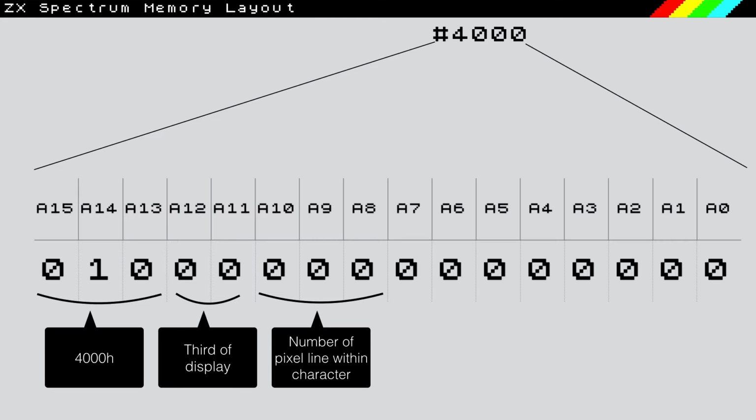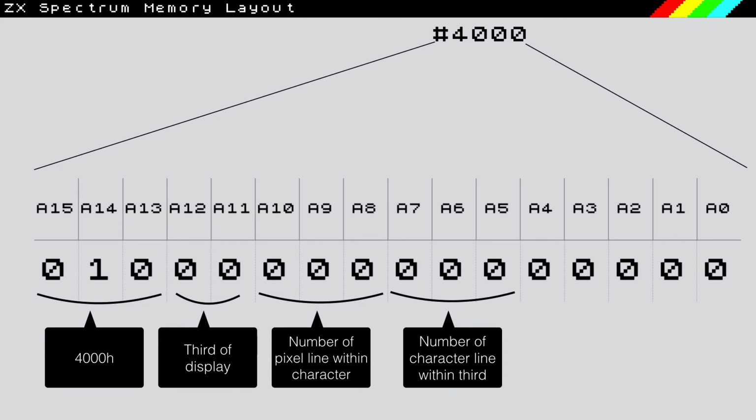Yes, the ZX Spectrum acts as a terminal, so everything related to the graphics is done within character spots, basically just like a terminal with a custom font. This will define the vertical position within the character spot you are currently in. And the next 3 define the number of character line within the third.